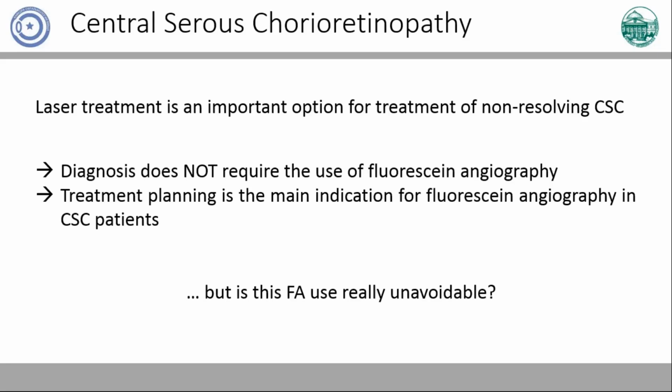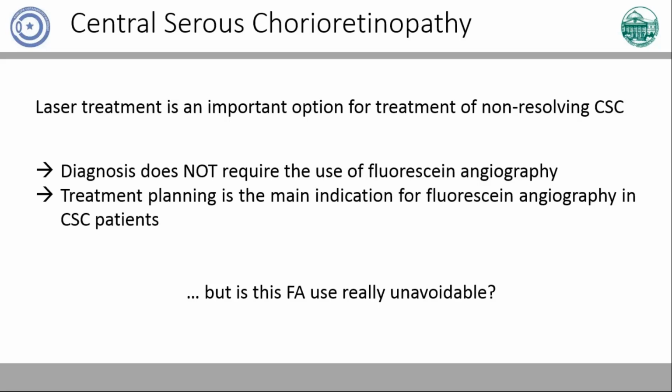Of course, it's one of the main indications for focal laser, I mean non-resolving acute cases, and it's considered that fluorescein angiography is just unavoidable to perform focal laser in that case, but is it really so?